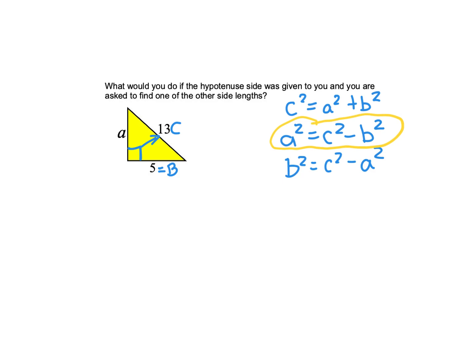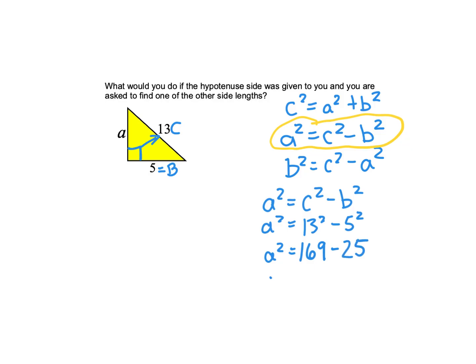That will work for us. So let's go ahead and plug it in. We would use A squared equals C squared minus B squared. A squared equals 13 squared minus 5 squared. A squared equals 169 minus 25.